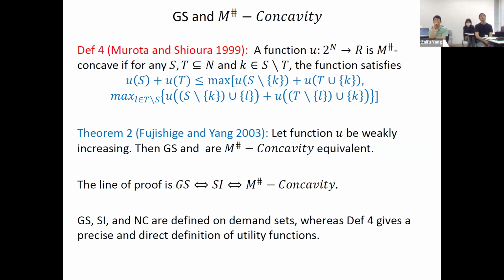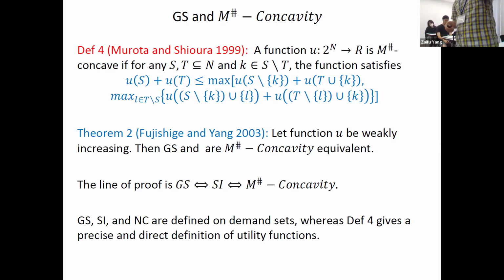In order to make that function more general as an M-natural concave function, they need to add this part. Of course, this part is also somehow different from the original definition. Basically, the idea is a projection. But this is much more technical, so I will not have time to explain. And Murota probably has talked about this many times. You may have a better understanding than I do.